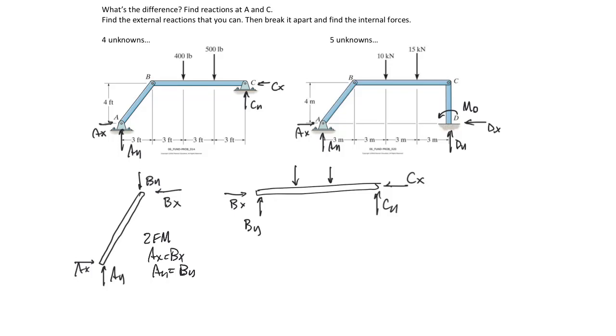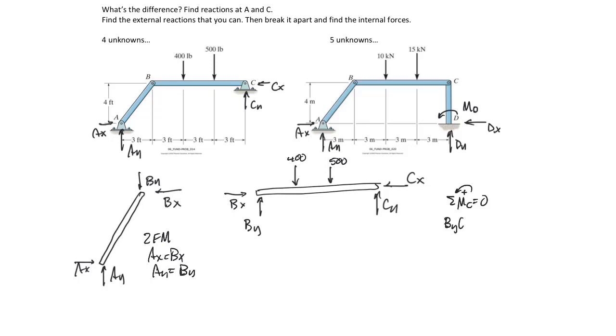Those are just rules, and let's see what we can come up with. I don't have anything I can solve for sure here yet, so what I want to do is start over here on this side. So I got a 400 and a 500. So let's sum the moments about C. Sum of the moments about C is equal to 0.